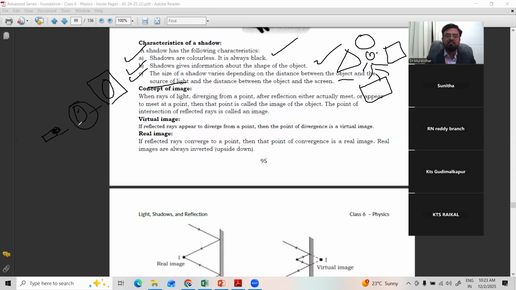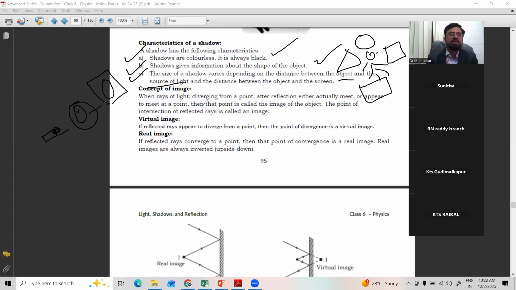But whenever you move either the source or object, as the distance changes, the size also changes. See here, as the sun moves from early morning to 12 noon, the size of our shadow also changes, right?